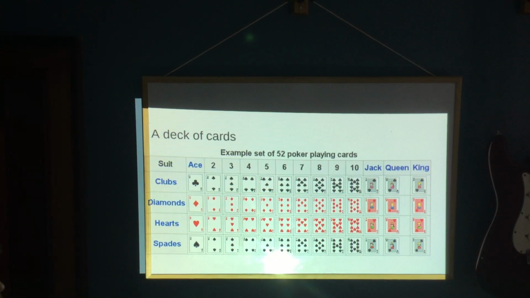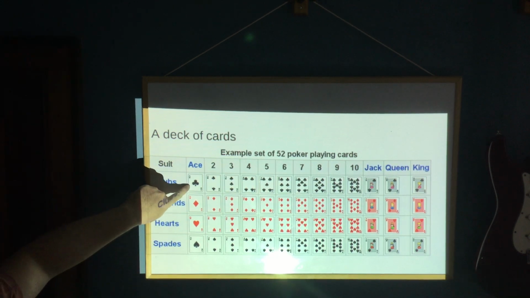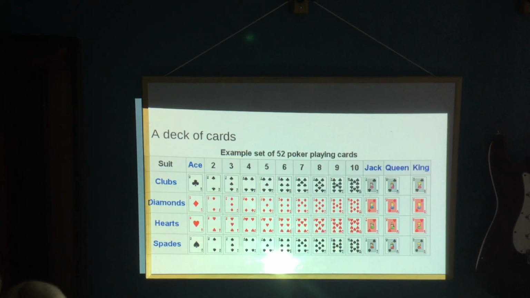Okay, I have this slide up here for you to reference. I don't think kids play card games quite as much these days. We used to play them all the time, but with the advent of technology, this has unfortunately kind of gone away. But every deck of cards has 4 suits: clubs, which look like the clovers. My dad calls them dog feet. They kind of look like dog prints.